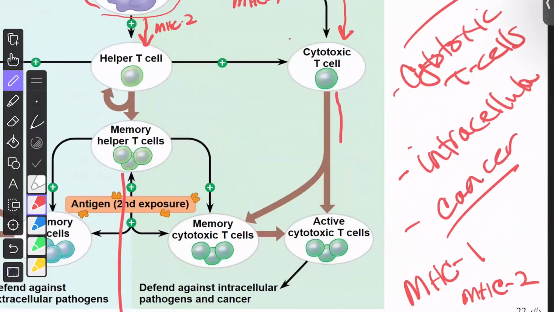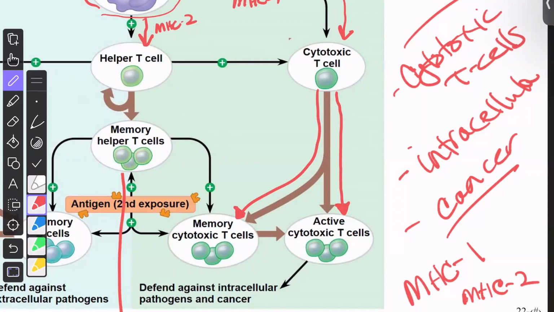Right, so the cytotoxic T cell is going to give rise to or become activated cytotoxic T cells. And through that clonal replication, that clonal selection that we talked about, this cytotoxic T cell that's now been exposed and trained is going to develop a series of memory cytotoxic T cells. We're going to get both of those things.